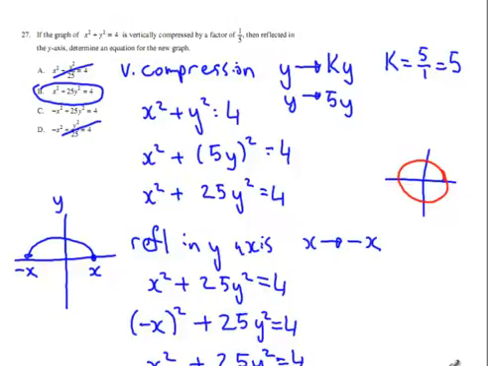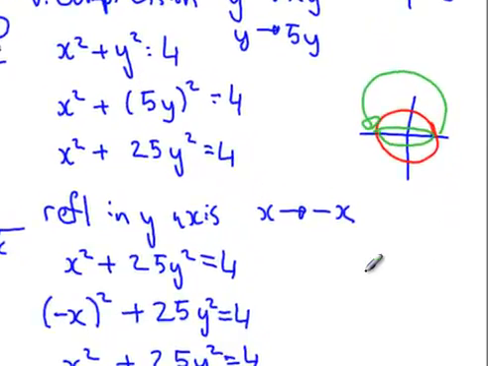Since this is a vertical compression, it's going to be compressed by a factor of 5, and we're not going to get a circle, we're going to get an ellipse like that. The reflection, x to negative x, has no effect on the actual shape of it. It does take a point from here and move it over here, but the actual shape of it will be exactly the same as it was previously. And that's about it.